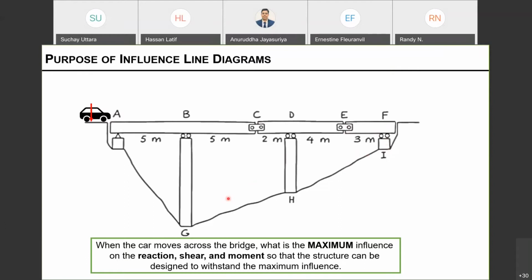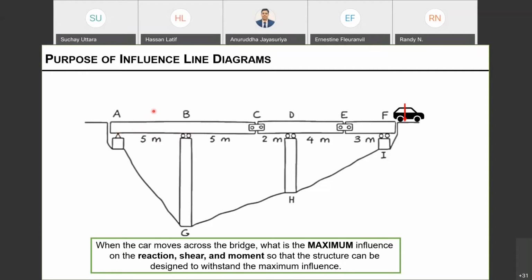So if there is traffic on top of this member, right? Let's say this vehicle is moving from A to F. These reactions, for example the support reactions, or the moments in between these spans, or the shear, will not be stagnant or stationary, because these actions depend on where the load is applied.